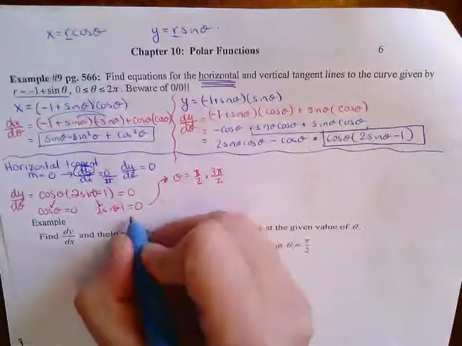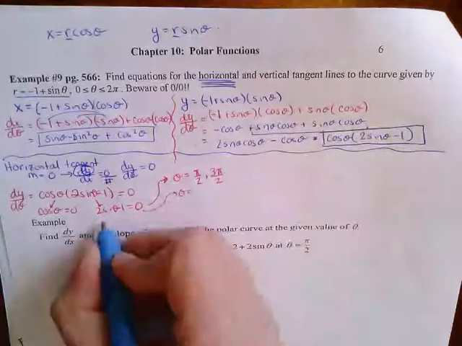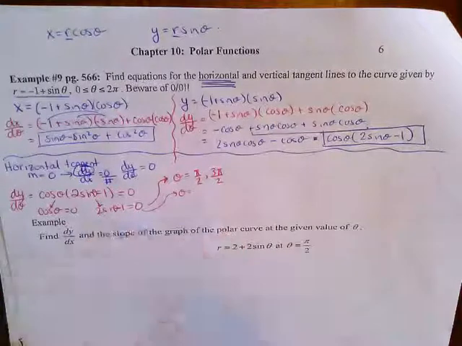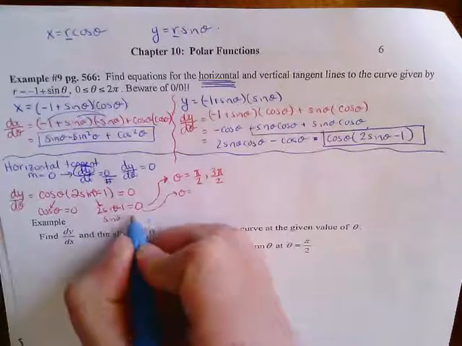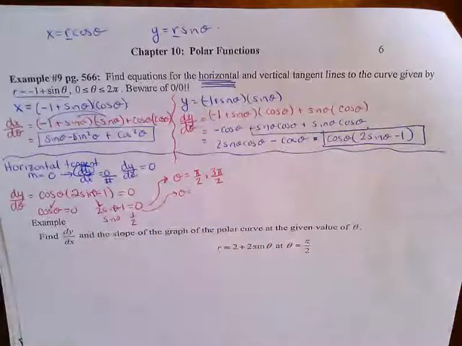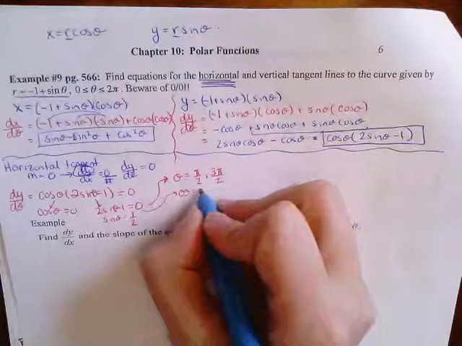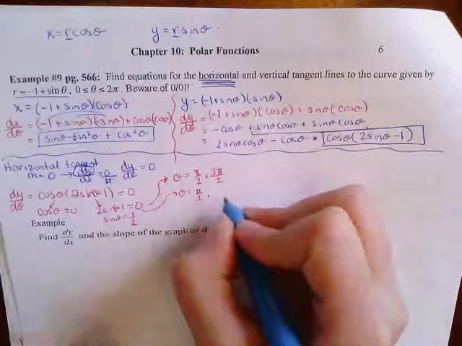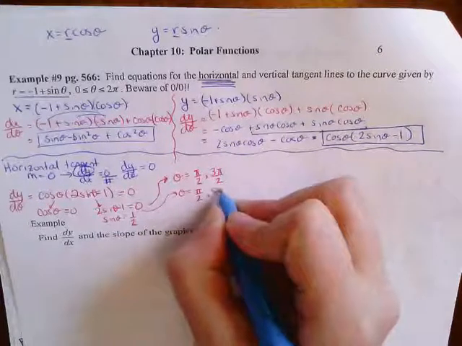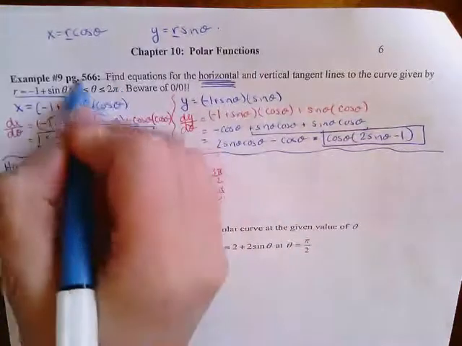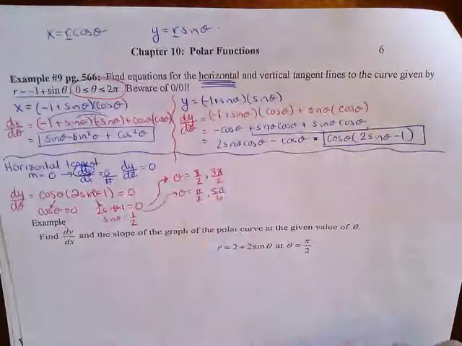And then for the second part, when you solve this out, this becomes sine of theta equals add 1 divide by 2, so that's sine of theta equals 1/2. Where is sine of theta 1/2? And that happens at pi over 6, right, where the y is 1/2, and at 5 pi over 6. And remember, we're staying in between 0 to 2 pi, so that's why I'm going all the way around the unit circle for these.